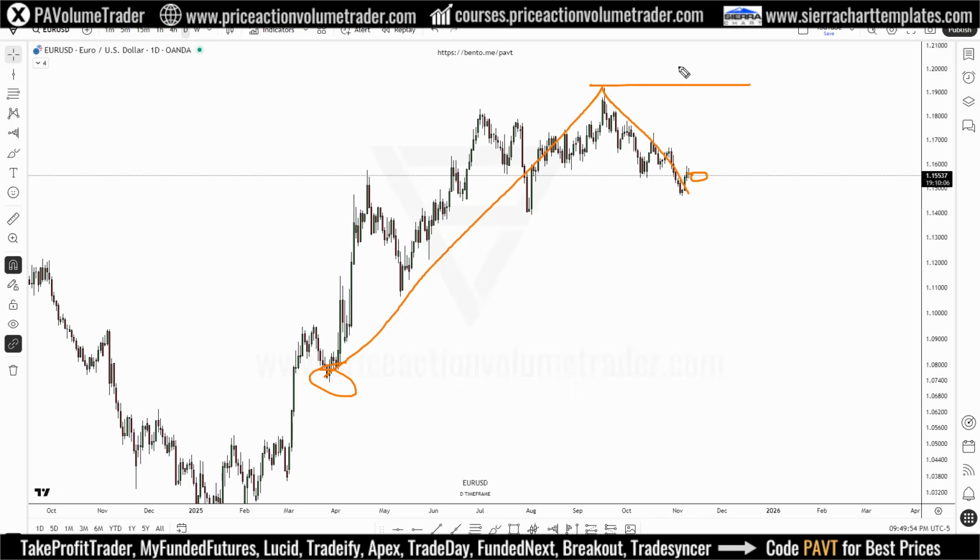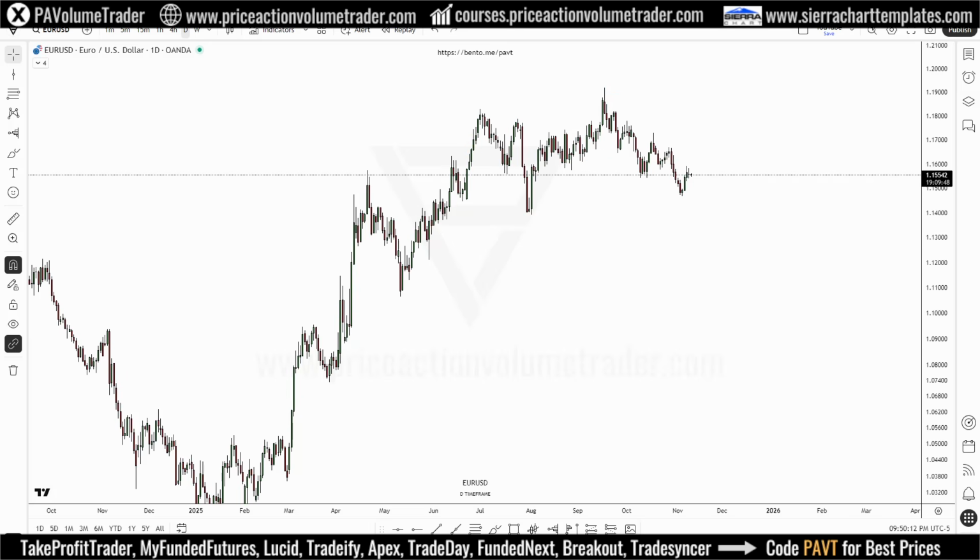If we break above this high, then there's no other choice but to go all the way back to that 2020, 2021 area for reference. But for the moment, we do have a few months of action here.